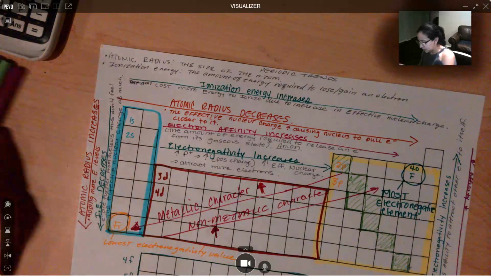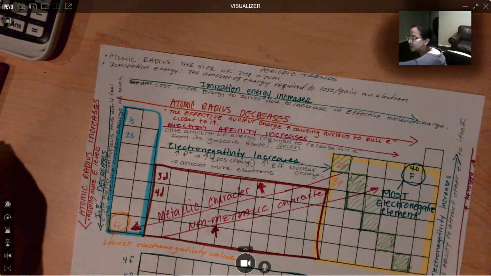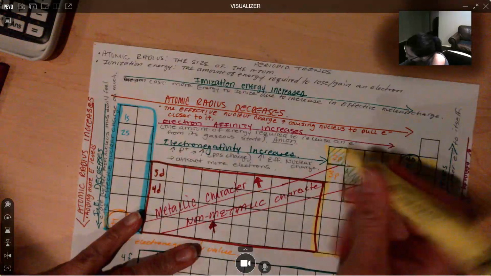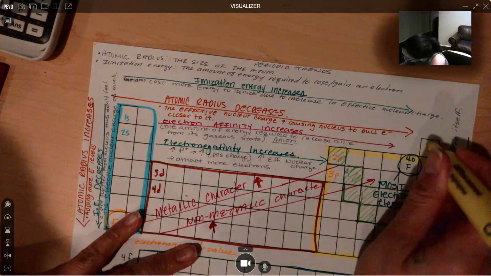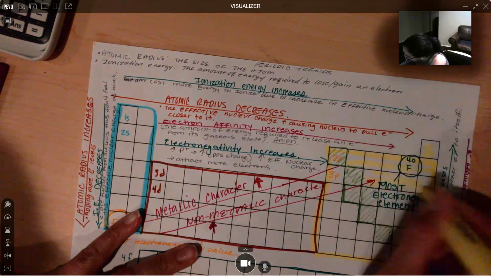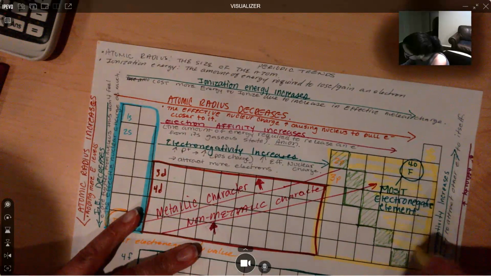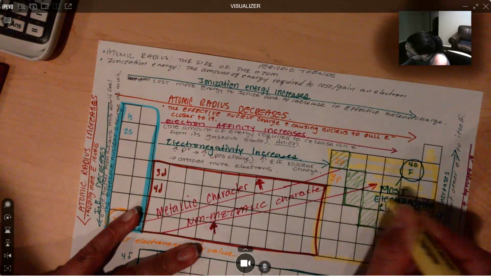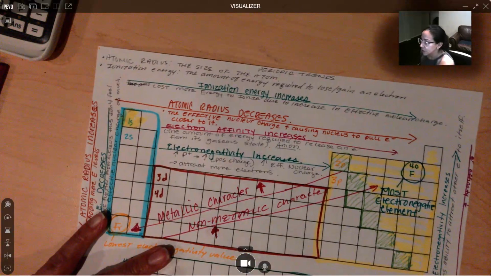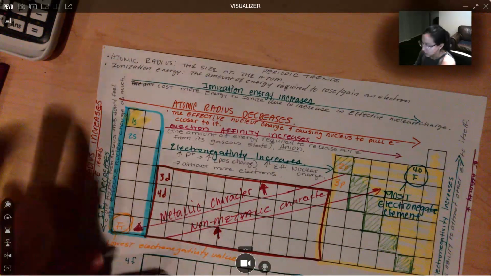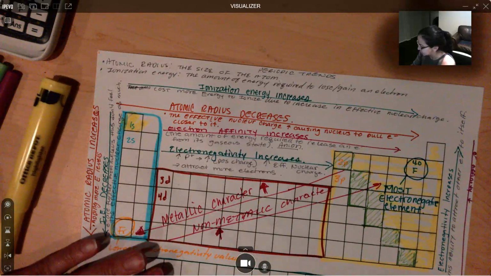And that is because, let's see, these atoms here are all non-metals. These are all your non-metals, okay, including hydrogen there. Okay, so those are all non-metals.